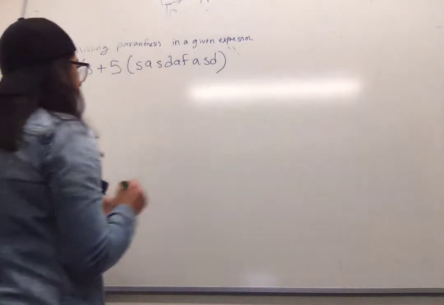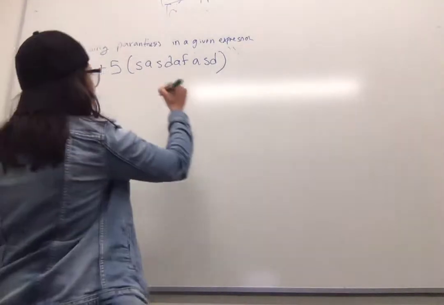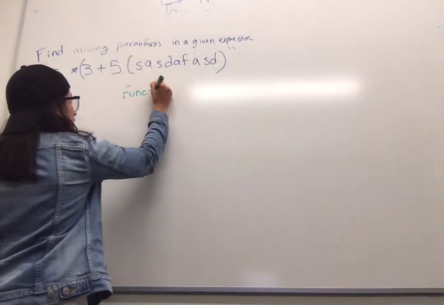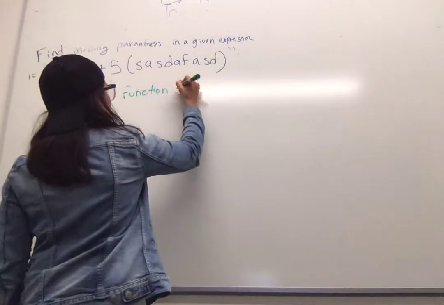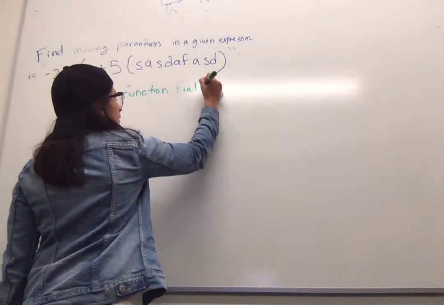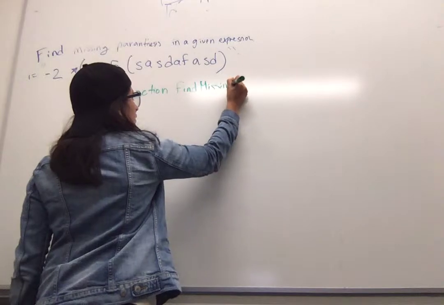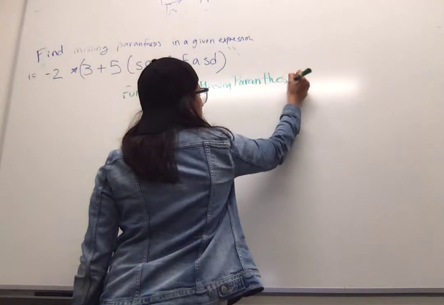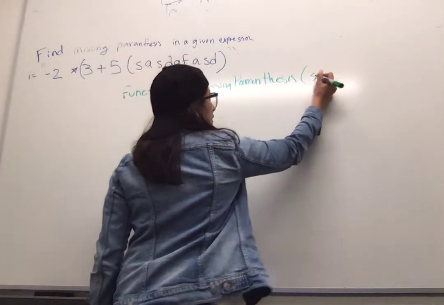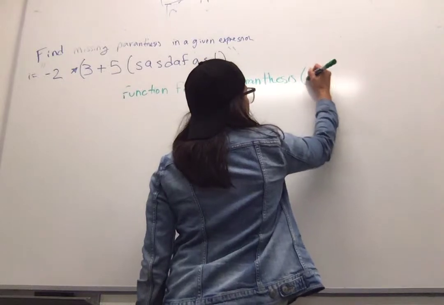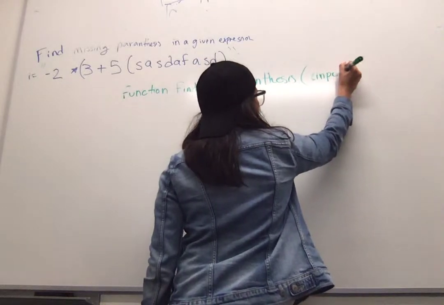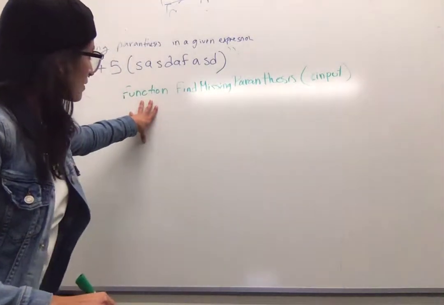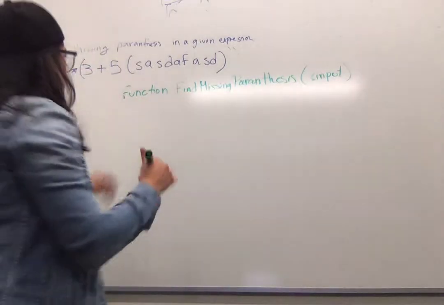So let's have our function, findMissingParentheses, and it's going to take our string as input. Now, let's declare the variables that we're going to use.